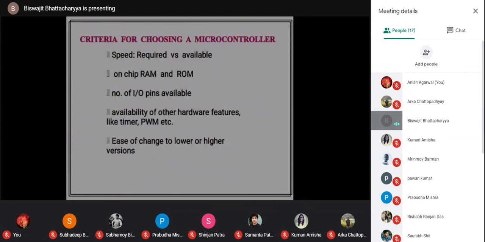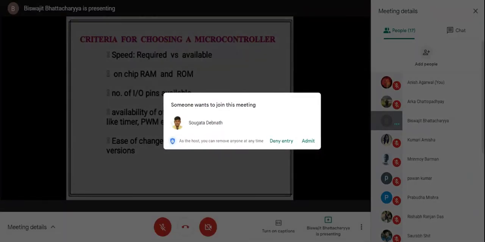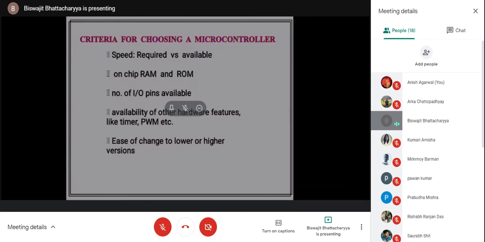Our next topic is what will be the criteria to choose a particular type of microcontroller for our required application. Obviously, we know what should be the speed of our application. Accordingly, we can decide a microcontroller depending on its available speed. We can decide depending on the available amount of RAM and ROM, and the number of pins available also.